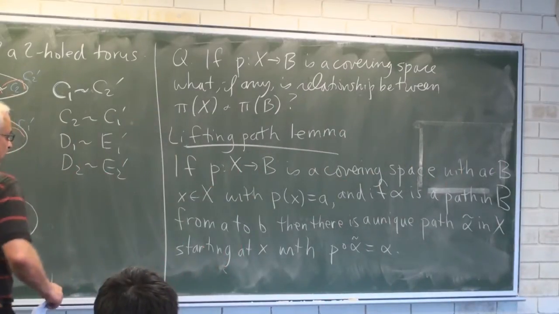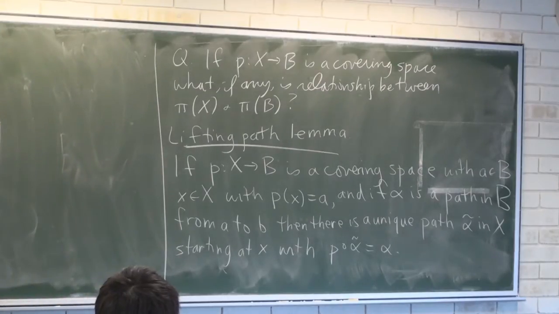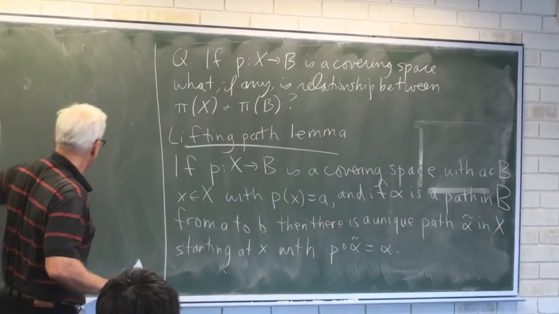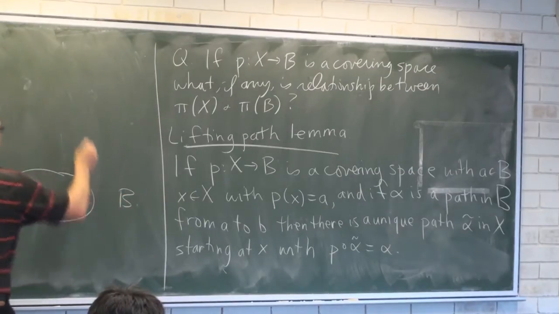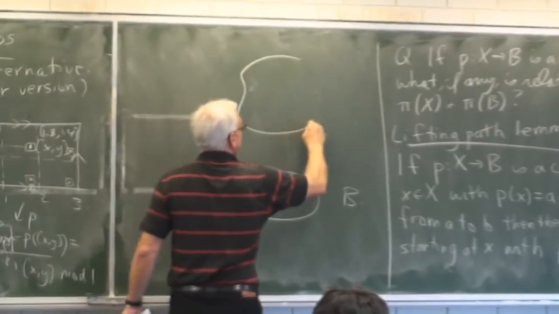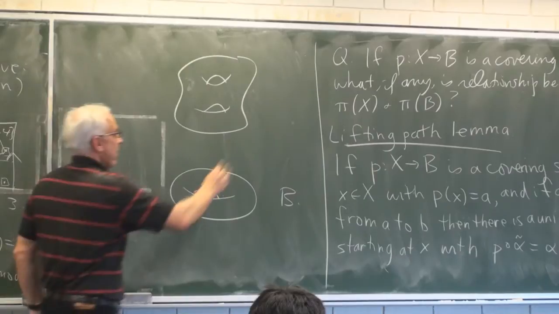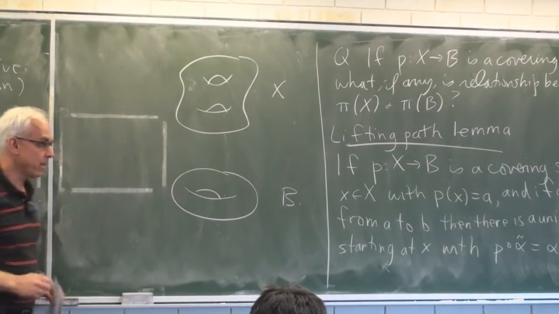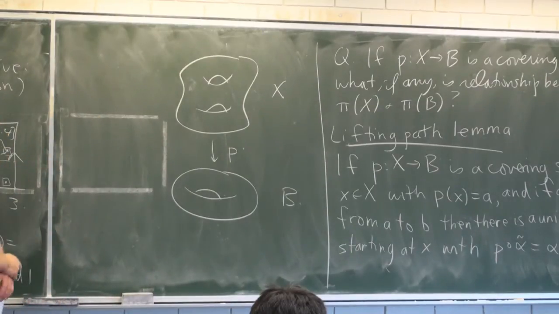So let me draw the picture beside that. All right, so the situation is we have, okay, maybe I'll use the torus. There's a base space, and we have some covering space, and let me be rather ambiguous about it. I'll just draw it diagrammatically like this. Okay, there's some kind of covering space.